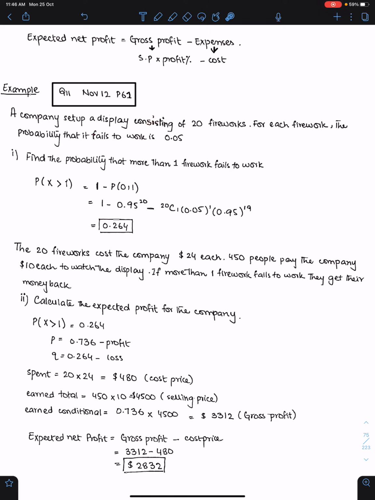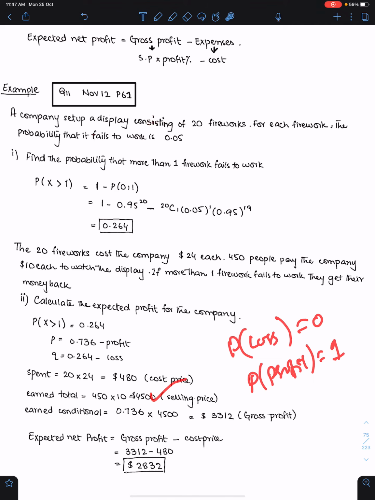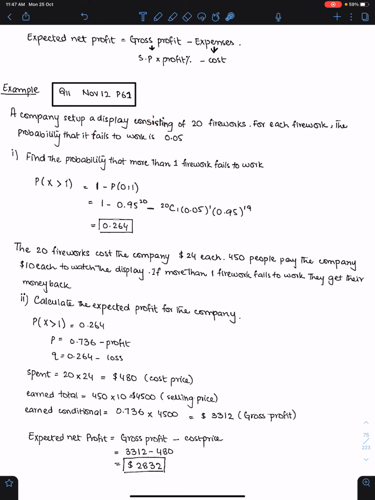Company spent this amount, 20 times 24, that is $480. Ideal profit means 450 times 10. If probability of loss is 0, then probability of profit will be 1. So this means ideal profit. But here probability of profit is not 1, it's 0.736.